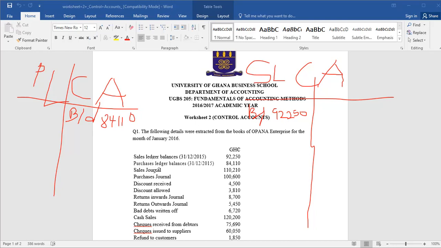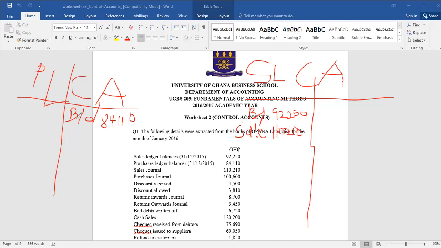Then you see the sales ledger. It increases, so this becomes sales. You've done sales on credit, right? So that one comes here, and that one is 110,210. Then you come to this side. I say sales ledger, purchase journal, right?